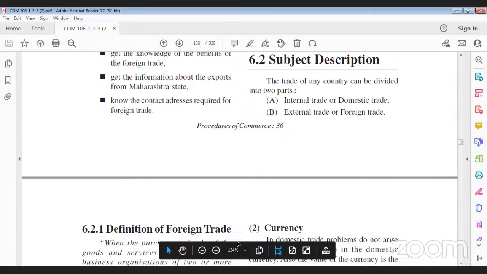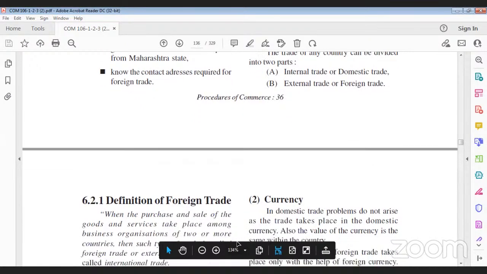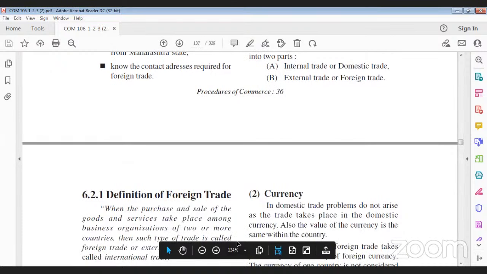Interport trade, importing goods or services from other countries for export purposes, is known as interport trade. In short, in foreign trade, buying goods means import, selling means export, and buying goods for selling purposes is known as interport trade.